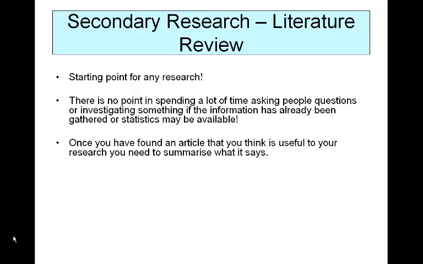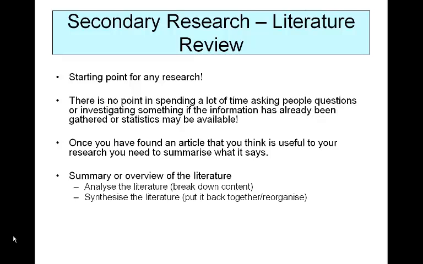Once you've found an article you think is useful to your research, you need to summarise what it says. A summary of the literature or an overview of the literature is really what a literature review is. In order to do that, you need to analyse the literature, in other words, break down the content, and then synthesise it.